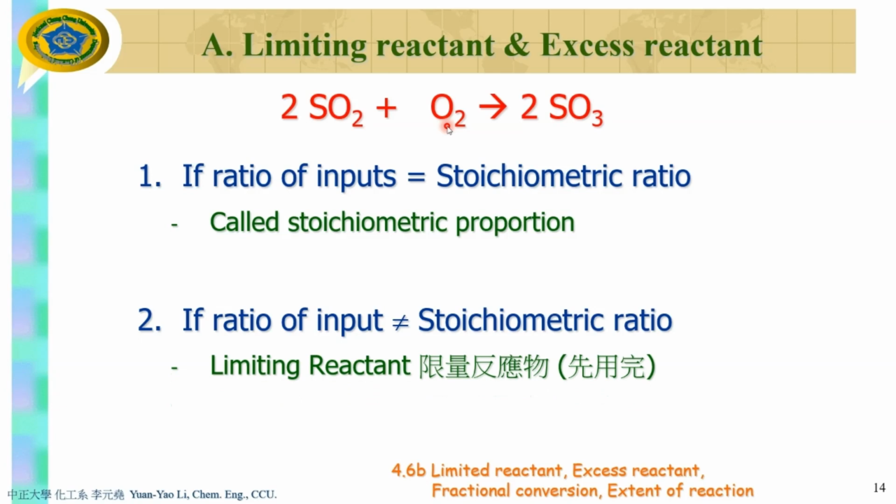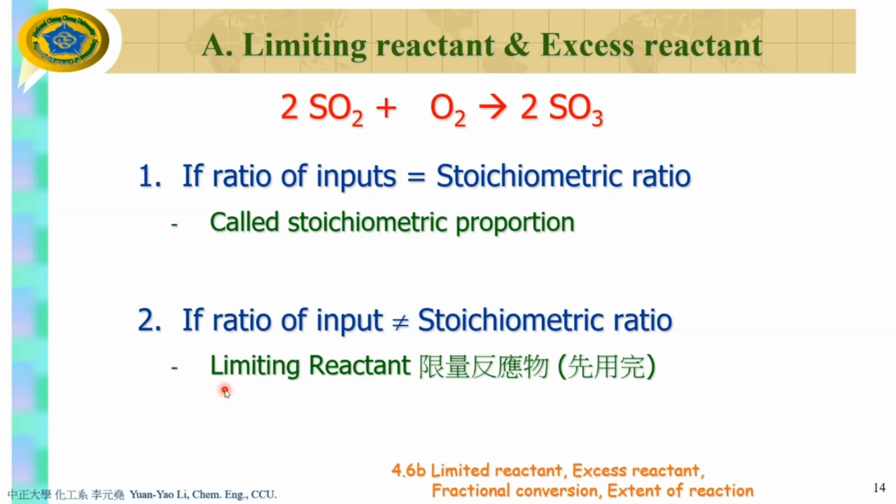However, if we don't do it in this way, we have one extra. We put one more, something cheaper. We put more reactant into this reaction. So this is why we use up some of the reactants.